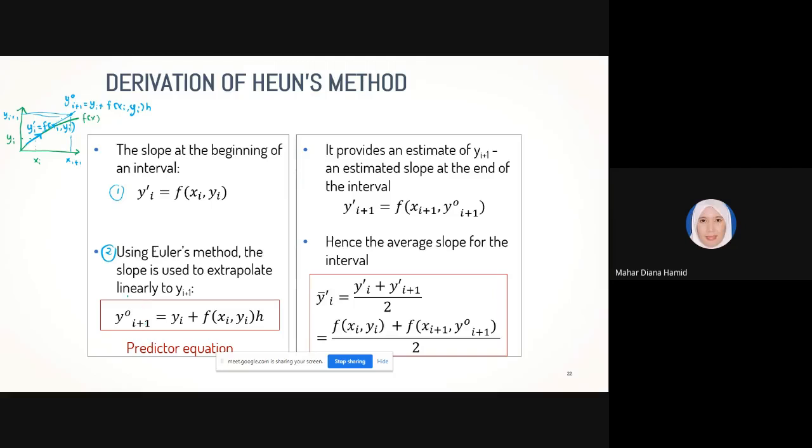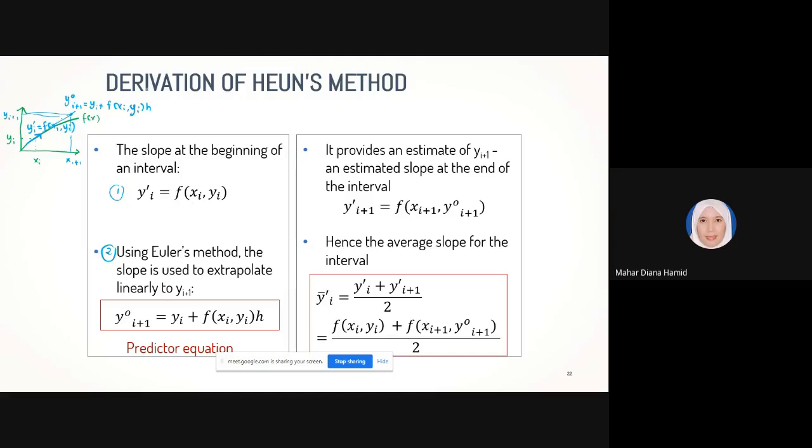This equation we call the predictor equation. The predictor equation is going to predict the value of y superscript naught i plus 1 using the value that we determined at the beginning of the interval, the slope at the beginning of the interval.